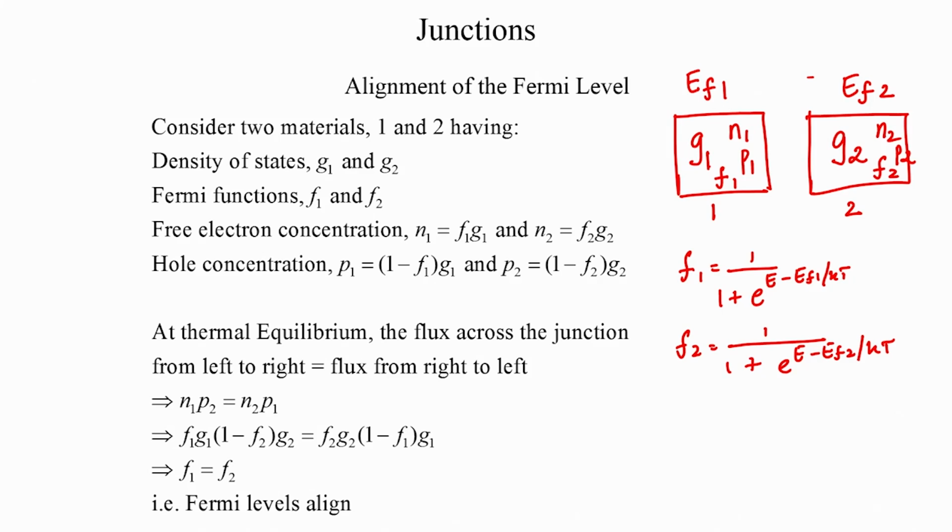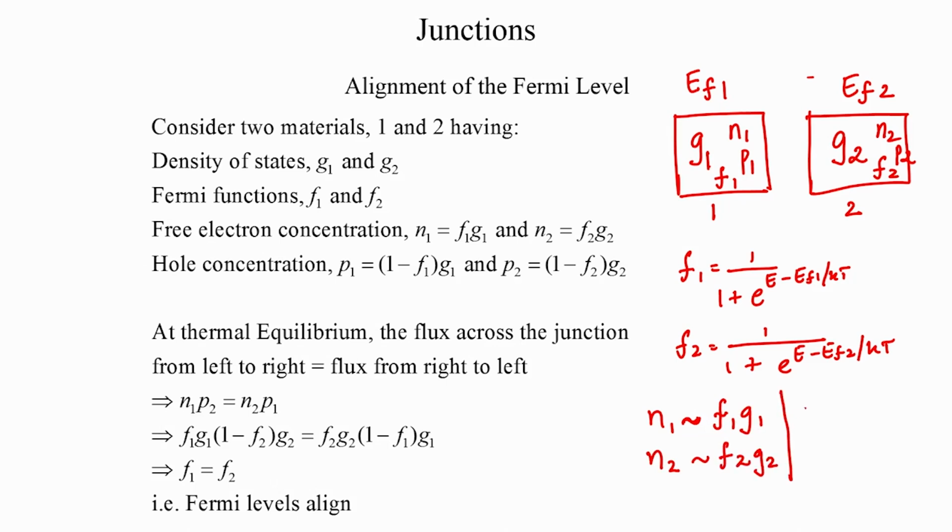So, before we do that, let us try to get a gauge on what N1 and P1 are. So, what is N1? N1 is calculated from the probability of occupancy of all these states in material 1. So, it is F1 G1 and N2 is F2 G2.